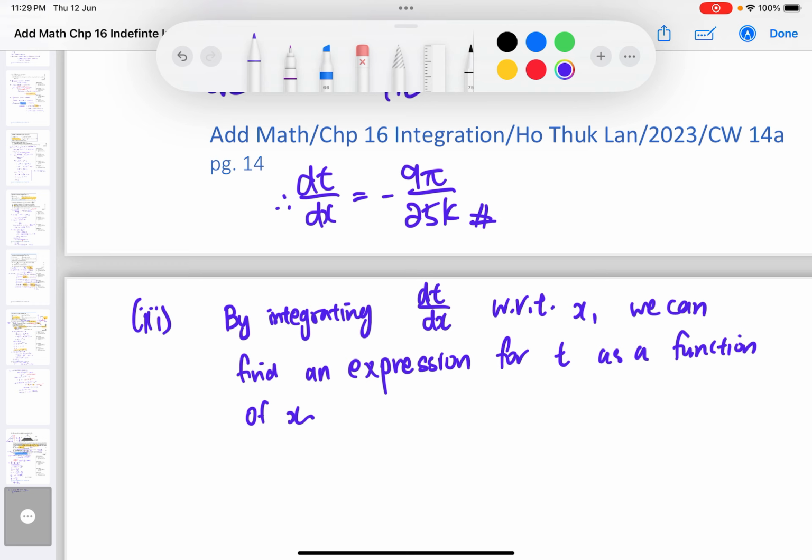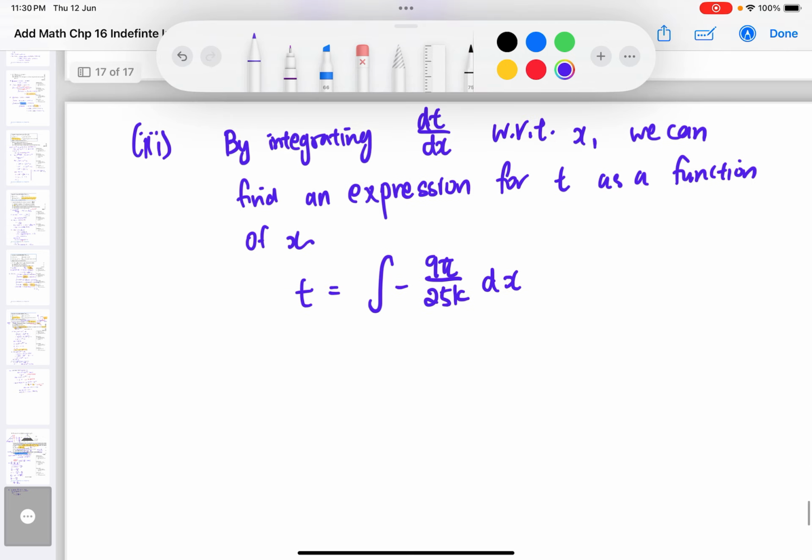So if I can just integrate this expression, I will be able to get the answer that I want. Okay, so integrating this, 9 pi over 25k is just a constant. So this one is just simple, right? Becomes x plus c. Okay, now the question is, how do I find c?